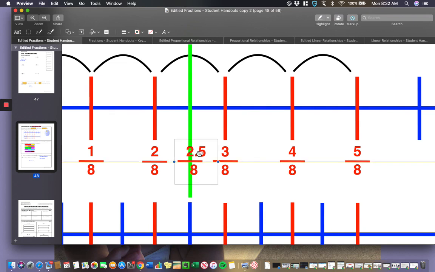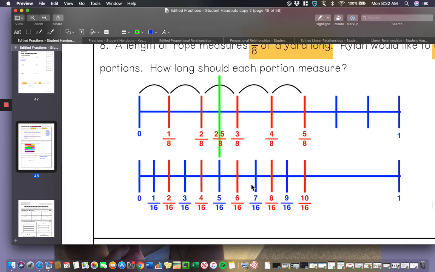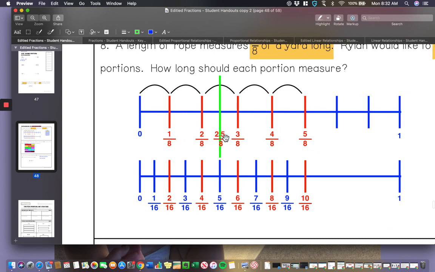The only thing is that we really don't use decimals when we're talking about fractions. Okay, we don't say 2.5/8. We really don't say that. We usually create an equivalent fraction to that.